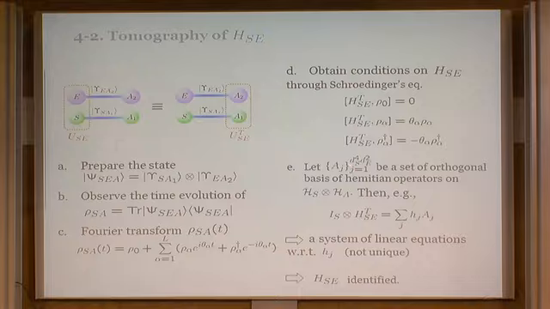Then choosing some random set of bases for Hermitian operators in the algebra, and representing I_S tensor H_SE transposed on the A side as a linear combination of these bases, we will have a set of equations for the small h_j here. It's not unique, but it's still possible to identify one of them, just a representative element. That's already good enough as a Hamiltonian for the control purpose.